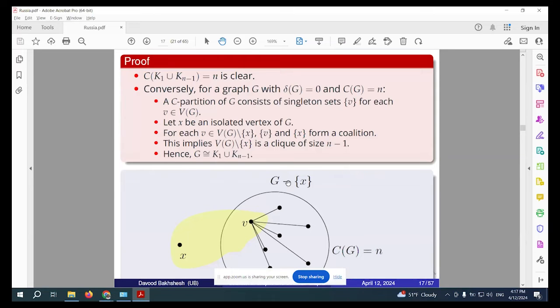We prove the converse. Suppose that G is a graph with delta G equal to 0 and C(G) equal to n.